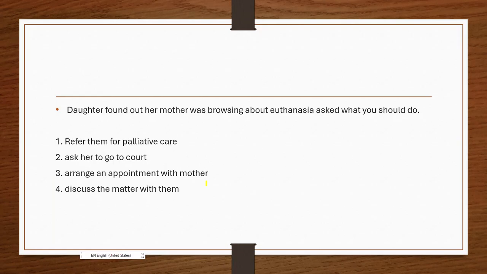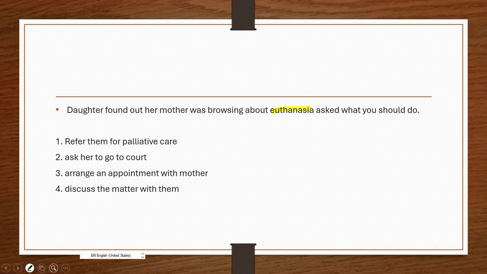So let's discuss this quickly because it's an easy one. Daughter found out her mother was browsing about euthanasia. Euthanasia, I hope all of you know, is when a person is requesting the medical officer to kill her. So it's like killing herself with the help of the medical officer or some medical person. Asked what you should do.